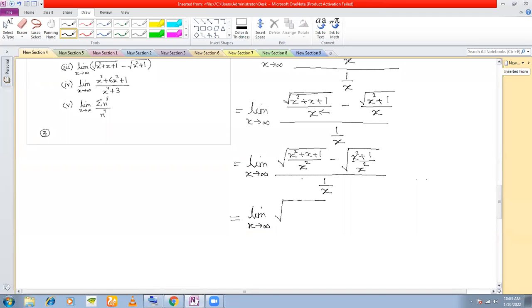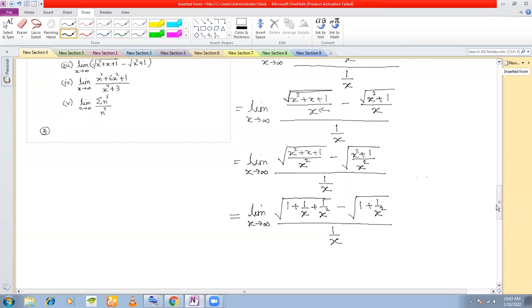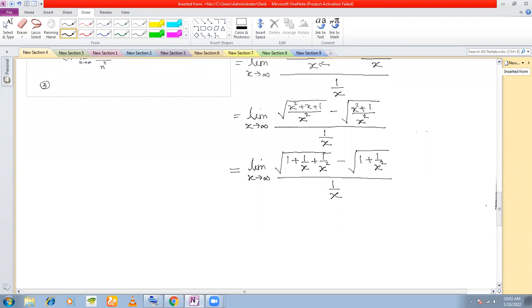Now here in the numerator, what you do is you separate. So you have 1 plus x by x square will be 1 by x only, and 1 by x square. Root over of 1 plus 1 by x square. Now you see I have all 1 by x's in the numerator and denominator. So what I'm going to do is, I'm going to put y is equal to 1 by x.